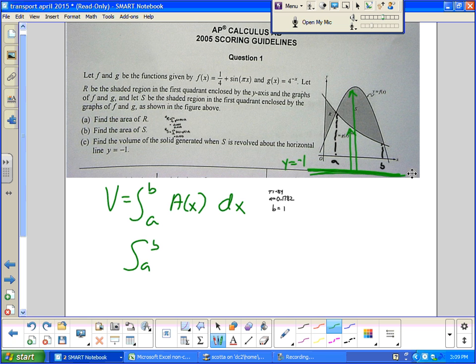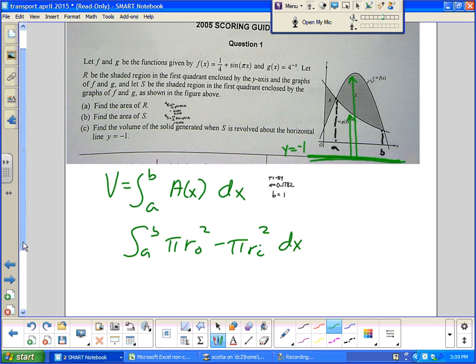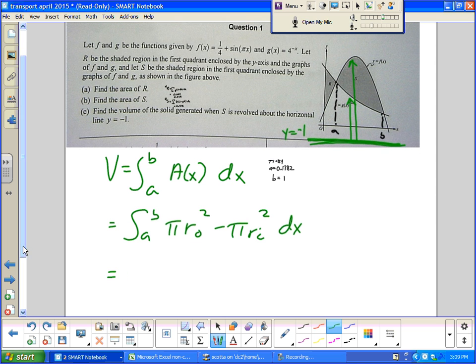So the volume equals pi R_O squared minus pi R_I squared, dx. All right. I will pull out the pi. And you know what? If this was spacing down my page quite a bit at this point in my workbook, I might just do this one time in here so that they don't think I'm keeping the general form. You know what I mean? Because now it's kind of spaced away from A and B.